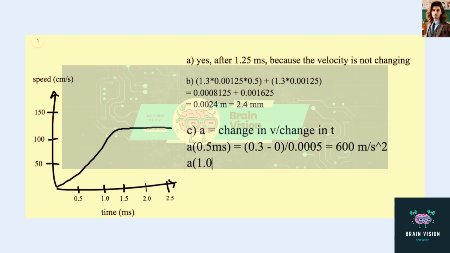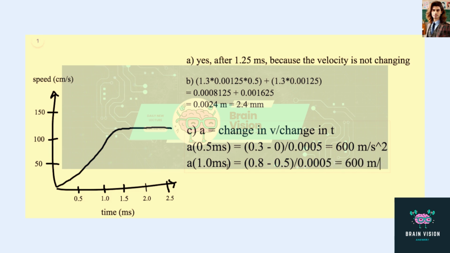Now its acceleration at 1 millisecond. We can approximate that as, let's see, 0.8, so 80 centimeters per second, minus 0.5 meters per second, divided by 0.5 milliseconds.